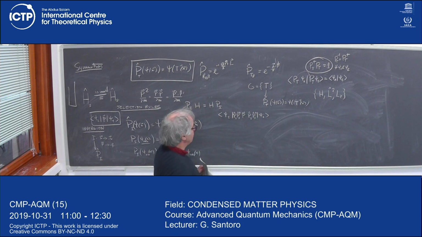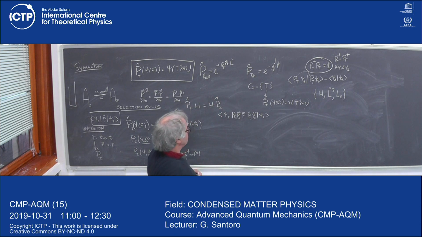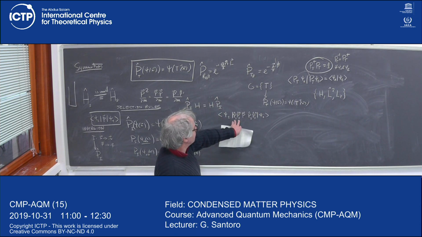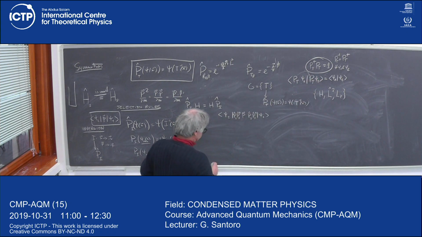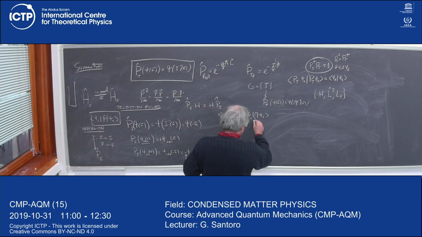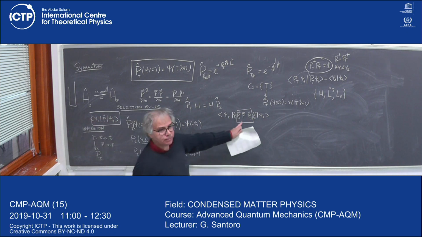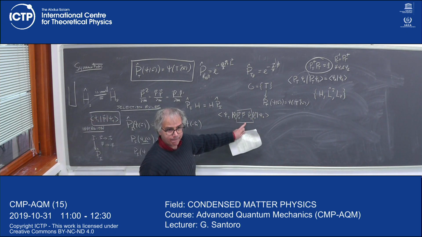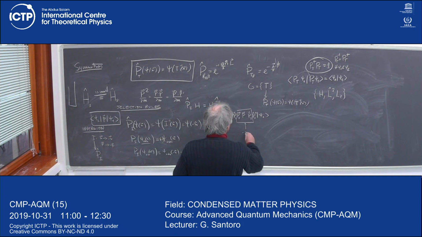Let's not make confusion about the operator associated to inversion, and the unity I have written as pi dagger pi. Now, what is this object? It is the transformed momentum under parity. Now, as I told you, the momentum actually goes into minus the momentum. So this is minus p. What is this?